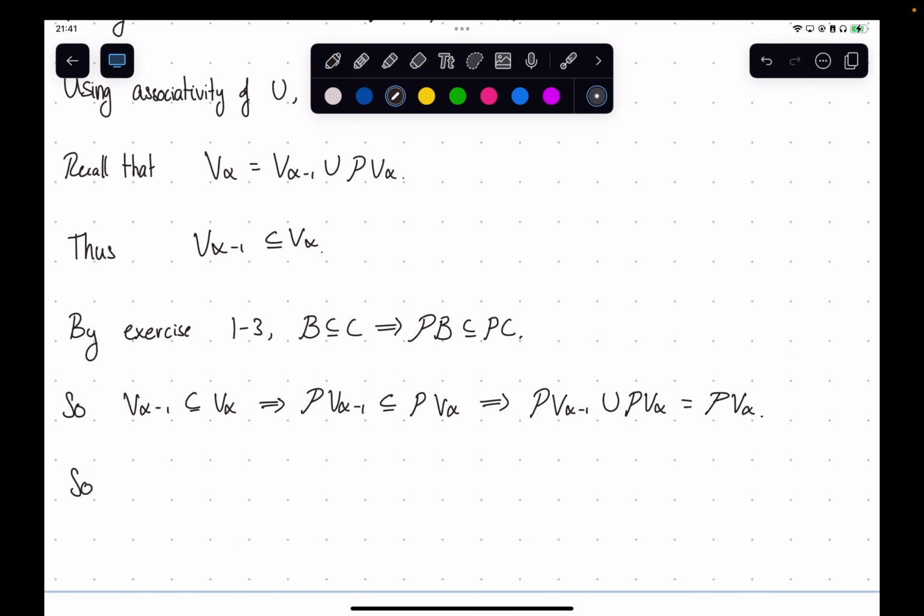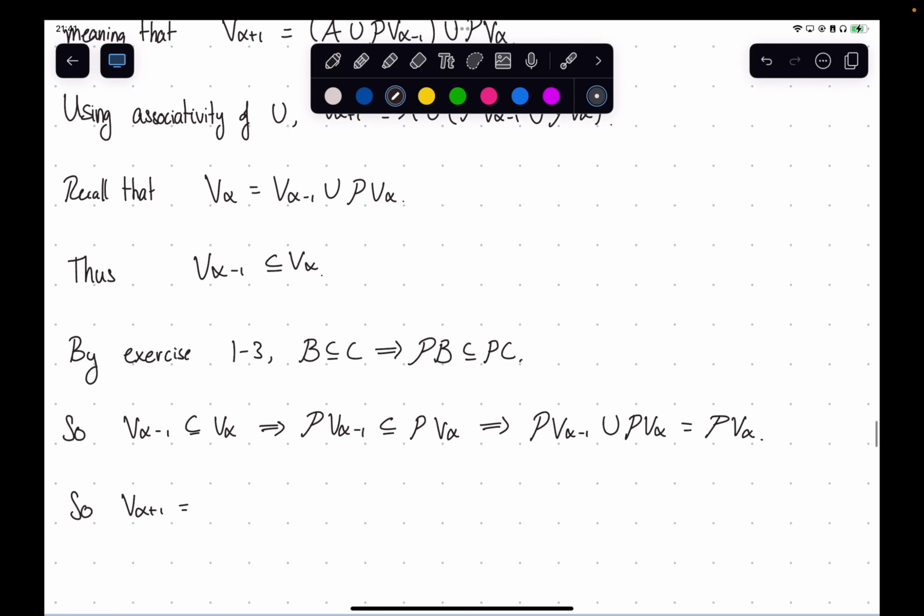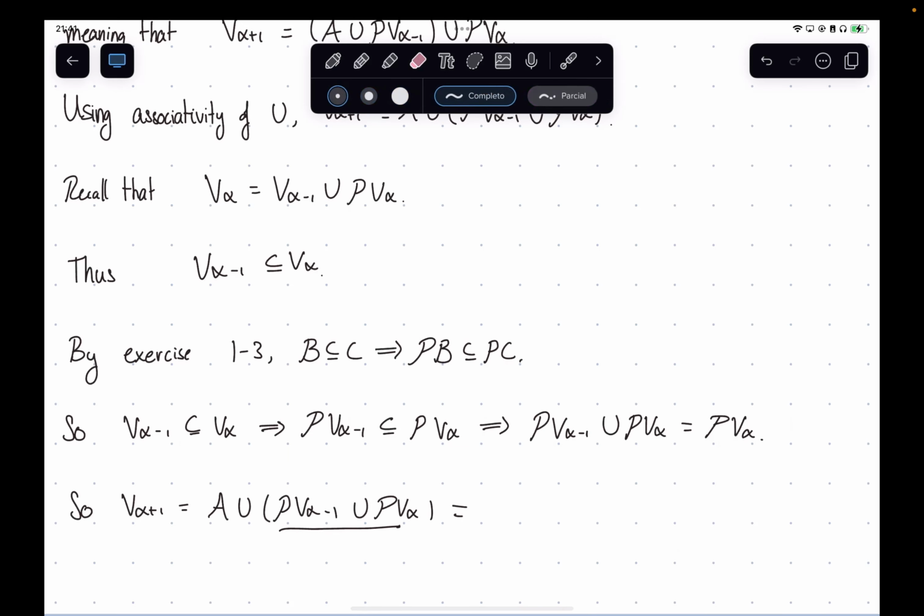So V sub alpha plus 1 has to be equal to A union power set of V sub alpha union power set of V sub alpha minus 1, which by this rule is equal to A union power set of V sub alpha.